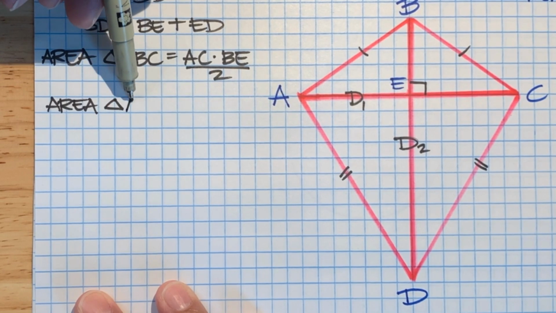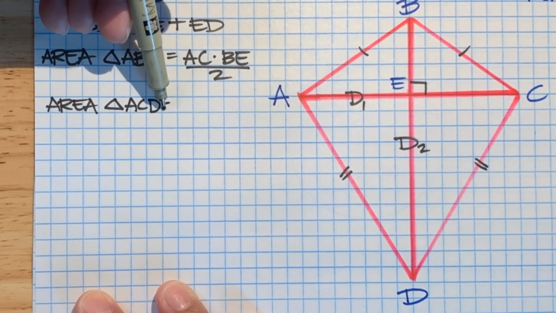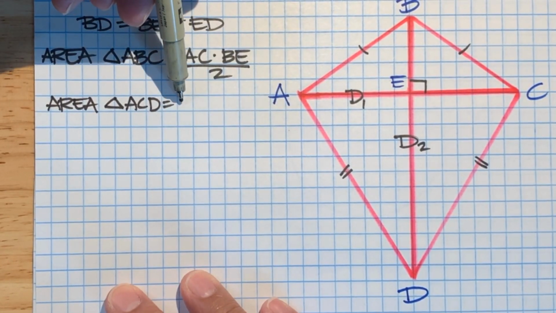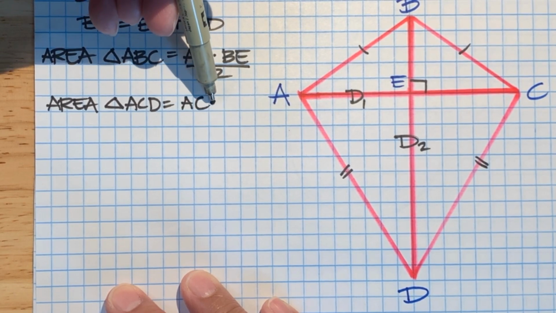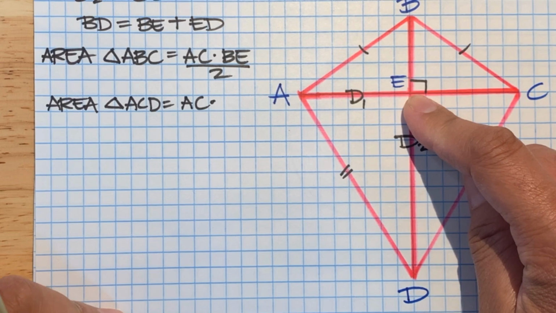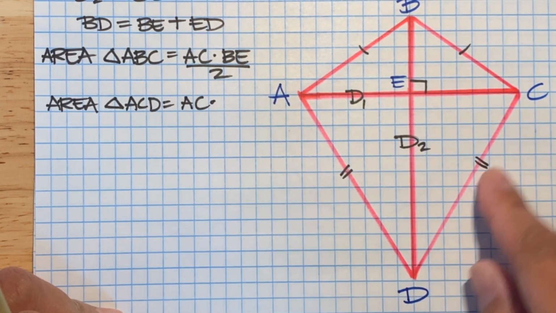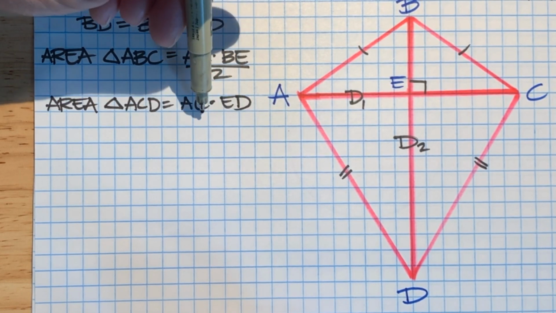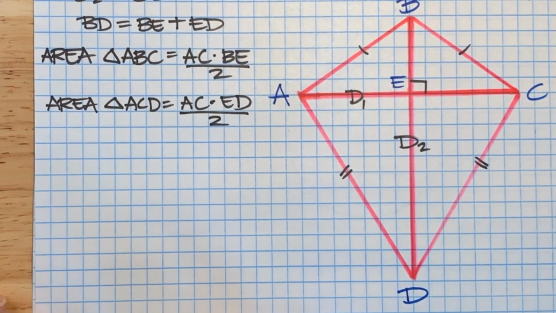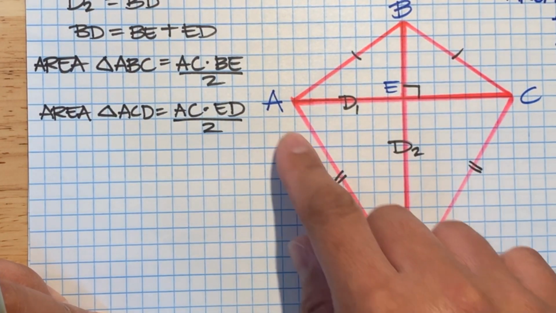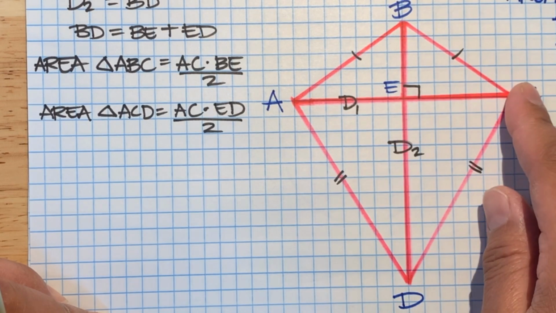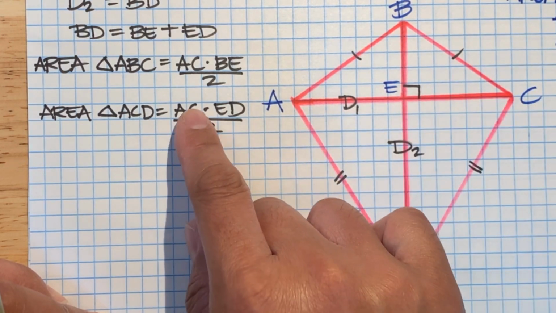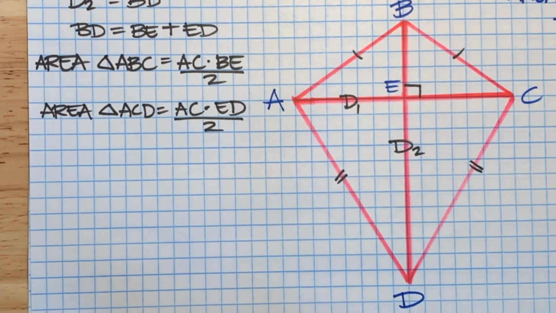So triangle ACD is AC, which is going to be our base, times the side that is perpendicular to it in that triangle, ED, over 2. So here's the area of this triangle inside our kite: AC base times height perpendicular to this base, so AC times ED over 2.